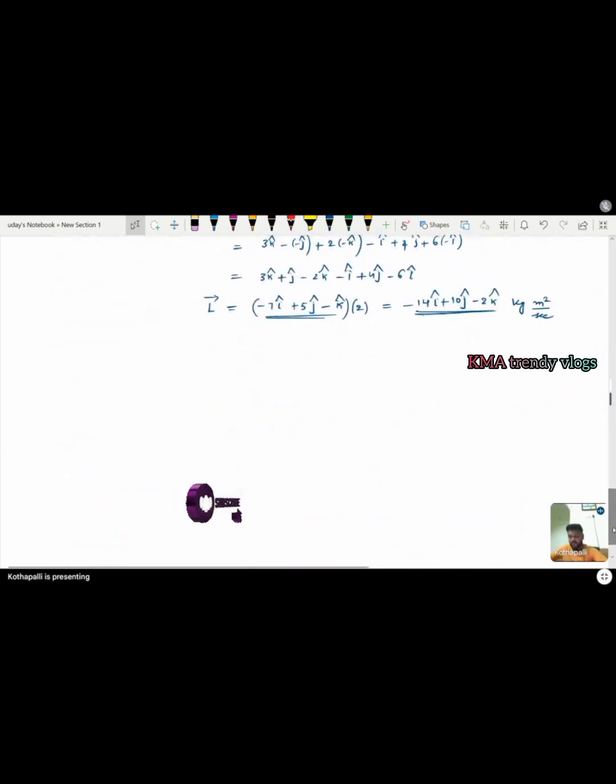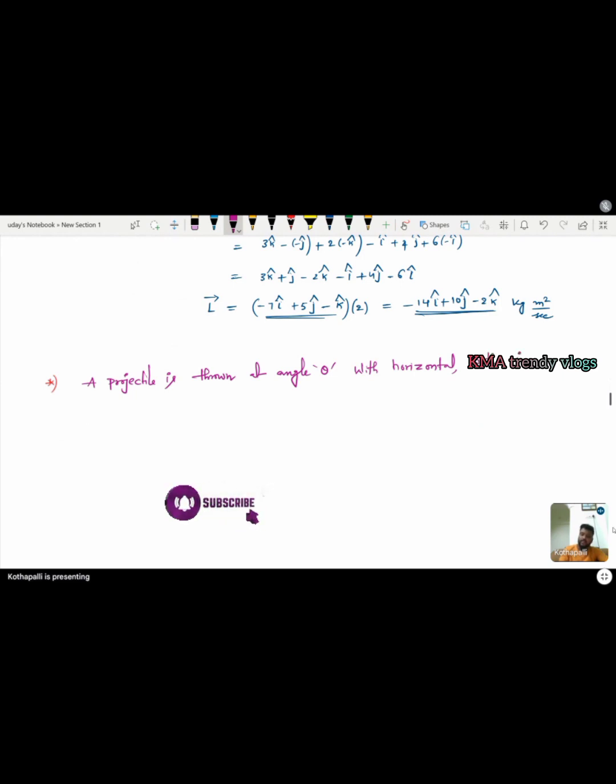Try one more question. This is a very famous model question. Very important also. A projectile is thrown at an angle theta with horizontal, with initial velocity u.